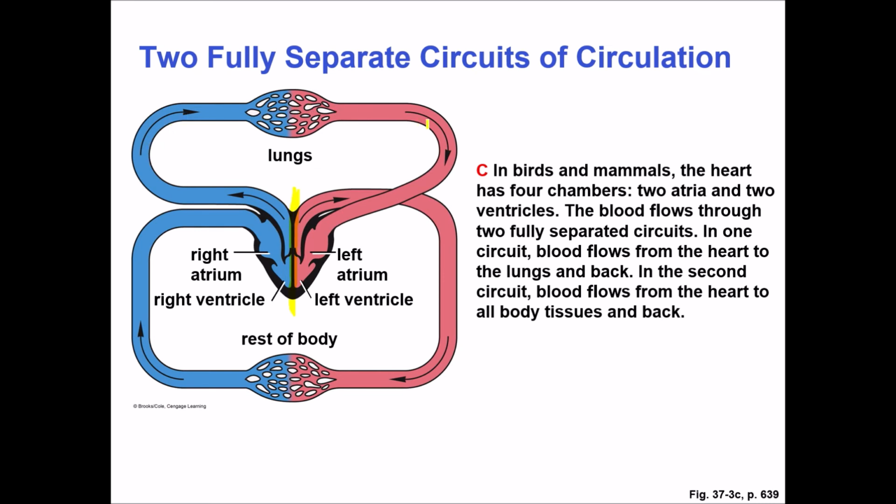Then the lungs deliver blood into the left atrium, and the left ventricle pumps the oxygenated blood once again through the rest of the body where it is needed. As you can see, the blood never leaves the system. It is just carrying oxygen and carbon dioxide depending on the case.